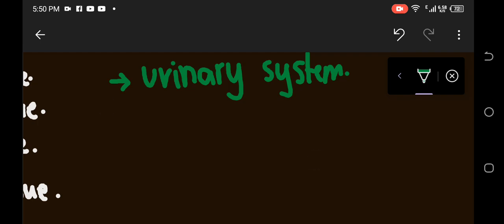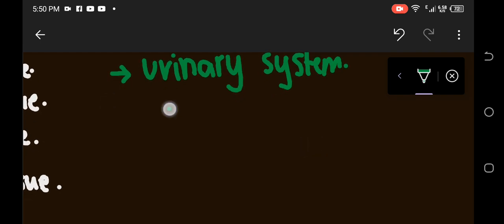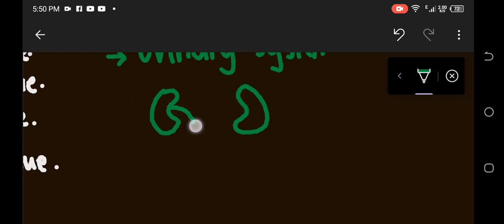The urinary system looks something like this. Here we have the kidneys. From the kidneys comes the ureter, which will open into the urinary bladder, then the urethra.